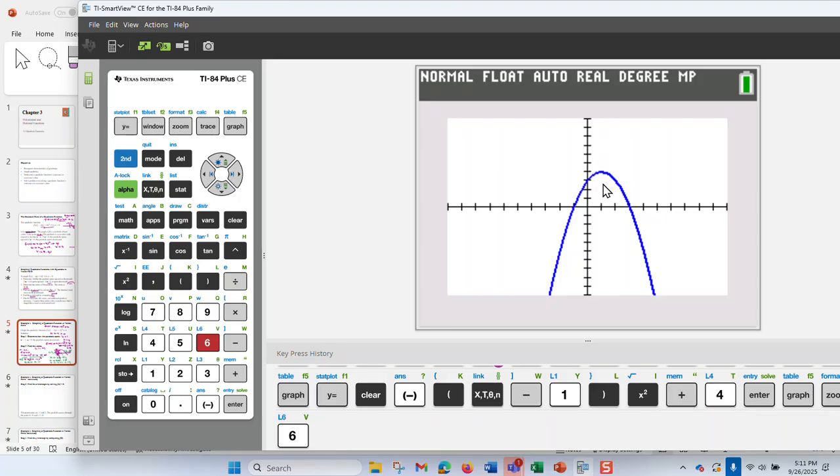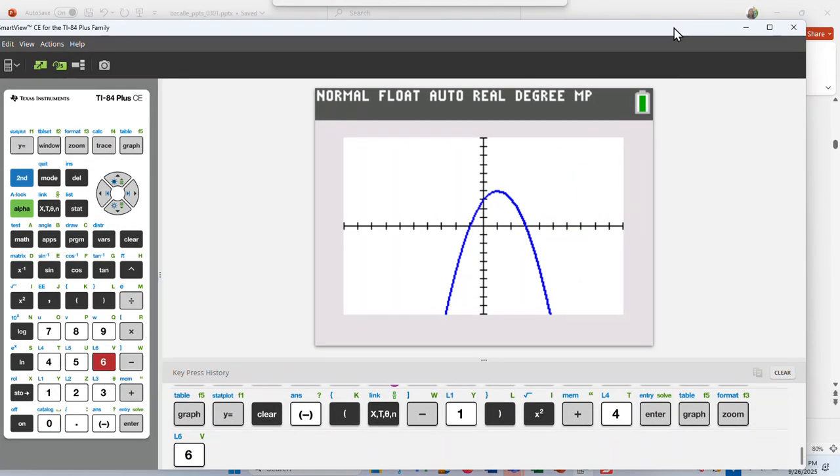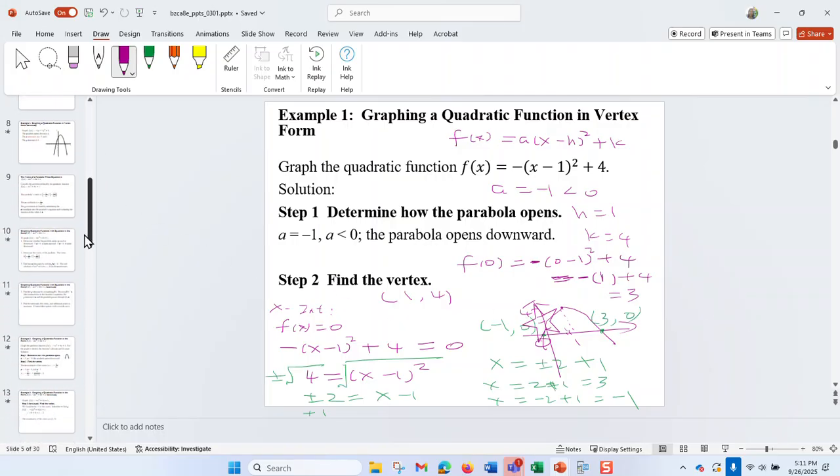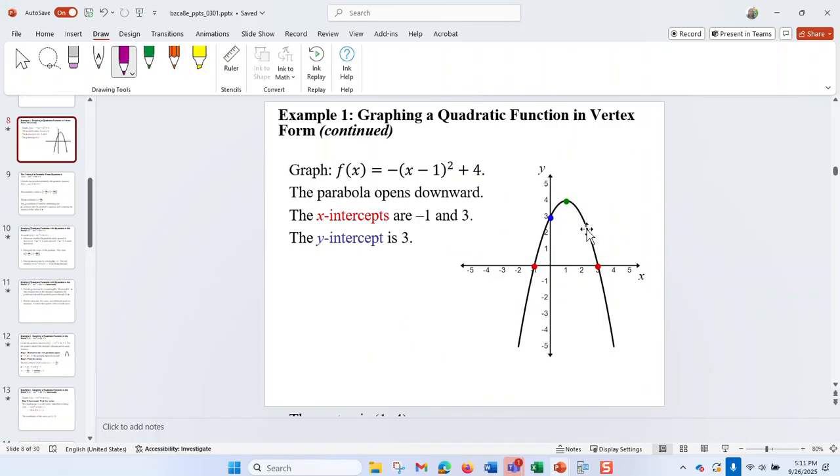So x is equal to 1, y is equal to 4. That matches everything we did in the calculation. Okay, so that is how you find a vertex in this case, and you can make a graph in here.